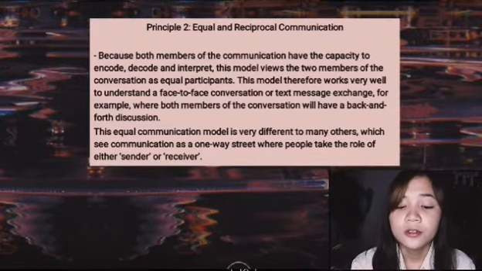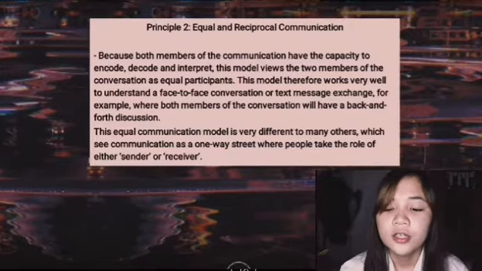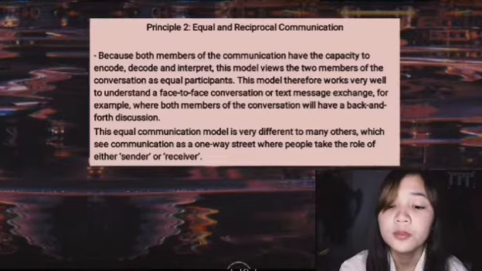For example, we're both members of the conversation. We have a back and forth discussion. This equal communication model is very different to many others, which see communication as a one-way street where people take a role of either sender or receiver.